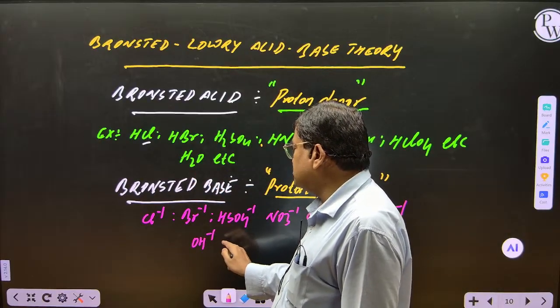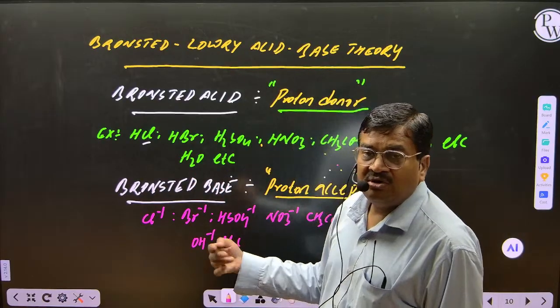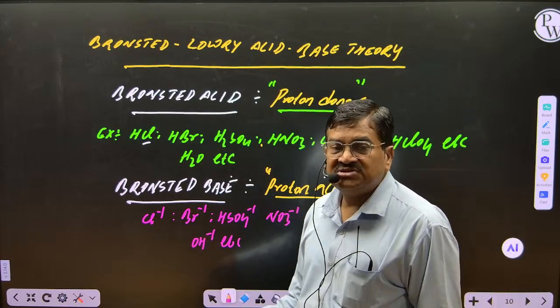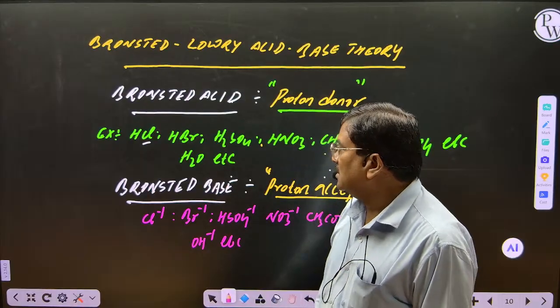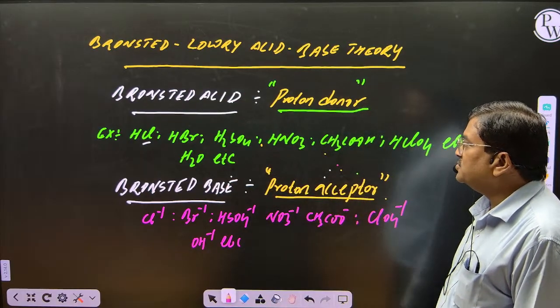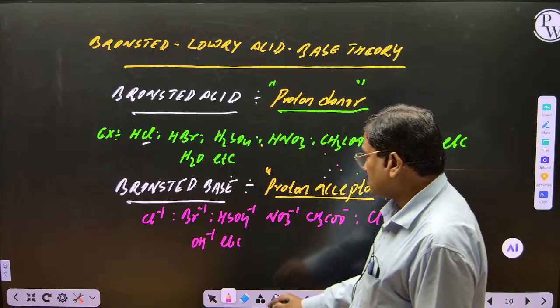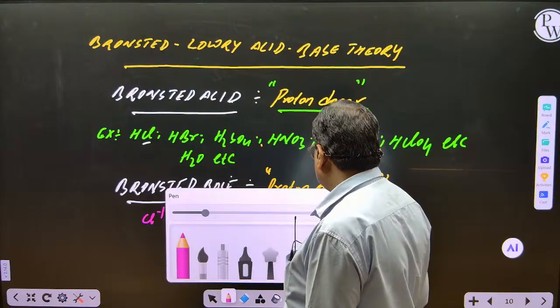These are all what, students? Proton acceptors, because they are rich. See, negative charge is rich, so they can accept the proton. The counterpart of all strong Bronsted acids can act as Bronsted base. Getting idea?